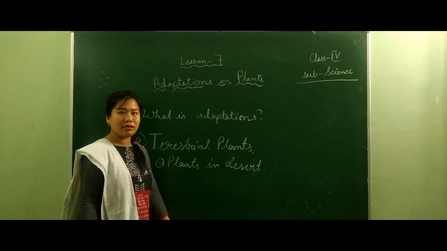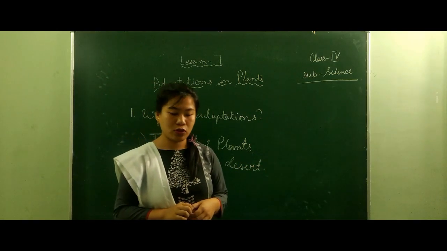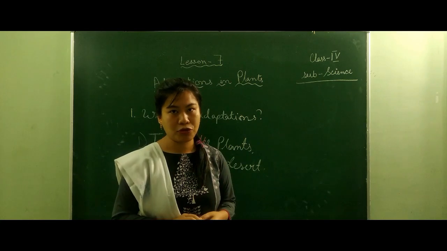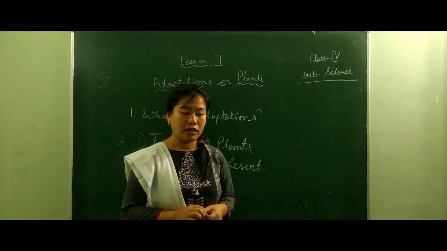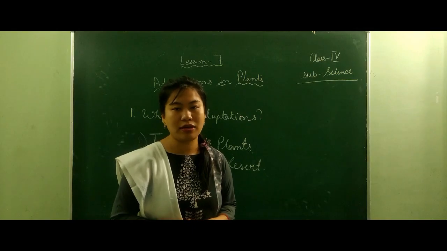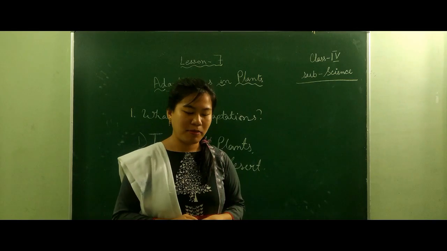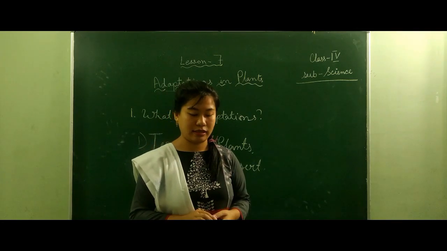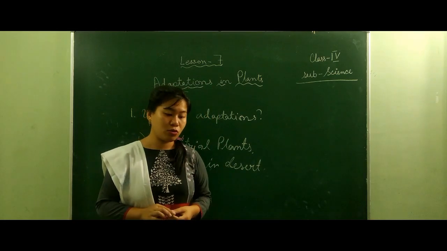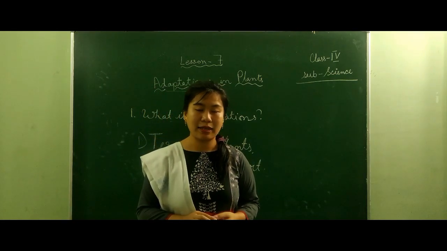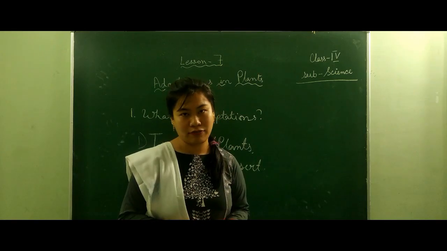Now, plants in desert. You all know that most of the soil in the desert is dry. There is very little water as it rarely rains there, isn't it? Yet plants live and survive in the desert. The roots of desert plants are adapted to take in whatever water is available.